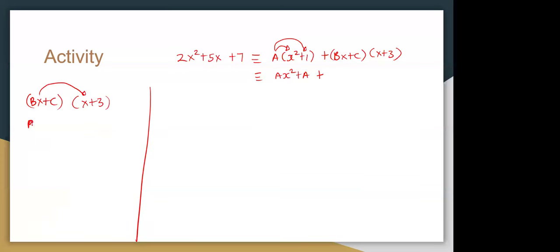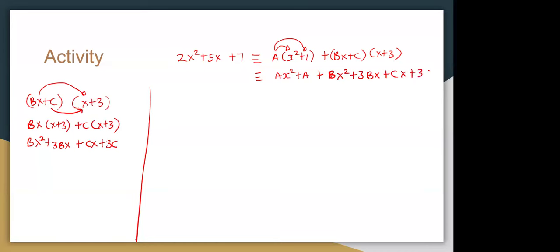So you can have bx into x plus 3. The whole of this c multiplies plus c into x plus 3. So when you open, you'll have bx squared plus 3bx plus cx plus 3c. So we shall have bx squared plus 3bx plus cx plus 3c.